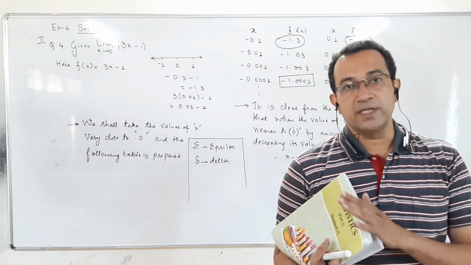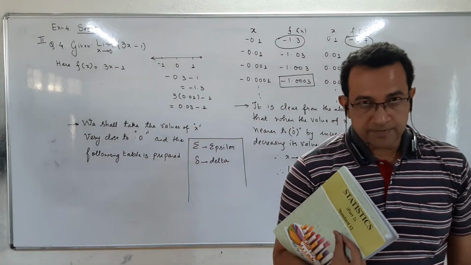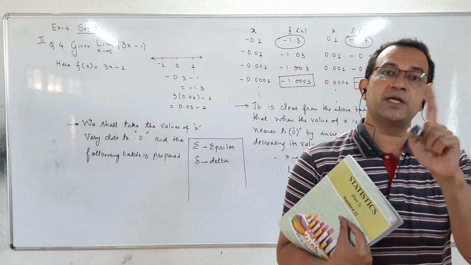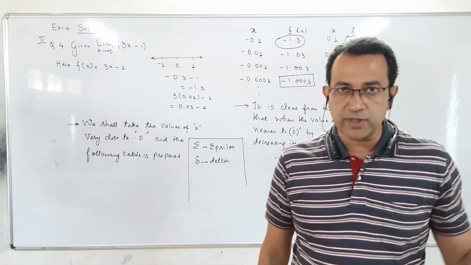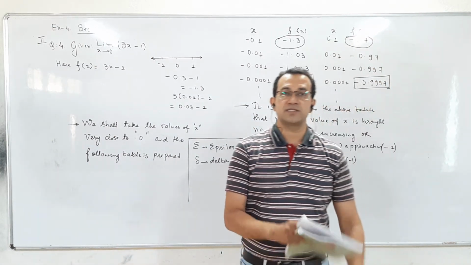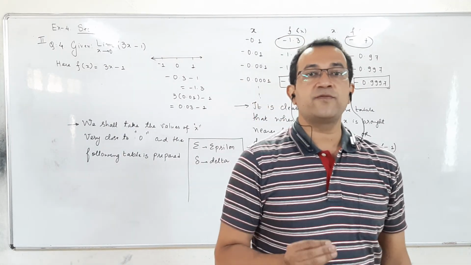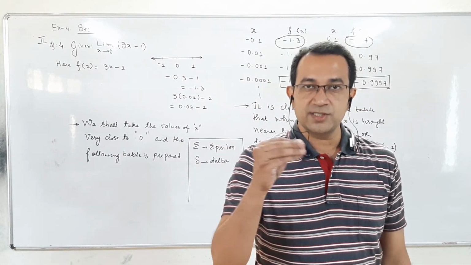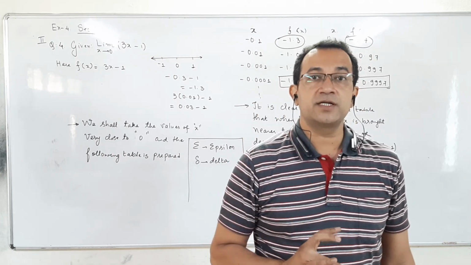So epsilon will be given. Based on epsilon we can find the delta. Epsilon is nothing but delta for f of x. So students, don't worry if you don't understand this definition. Remember 5 points. The limit of the function f of x is L as x tends to a for a given epsilon greater than 0.